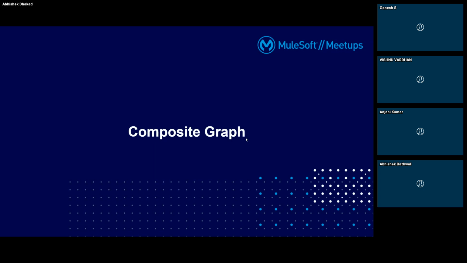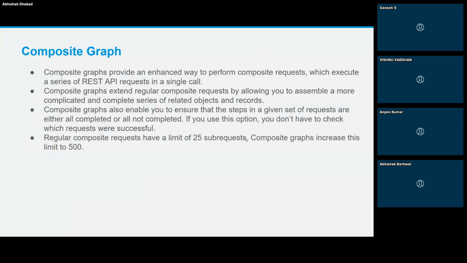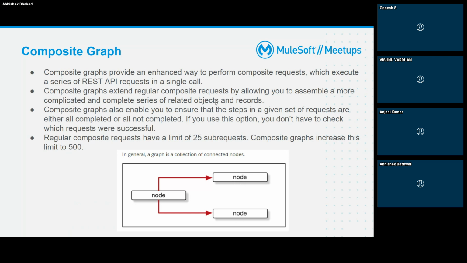Okay, so let's move to the composite graph. If we consider, this is a little complicated topic, but since we already worked on composite connector, we can easily relate it with the composite graph. For the heads up, composite graph is just a wrapper on top of composite connector. Now let's start with composite graph.